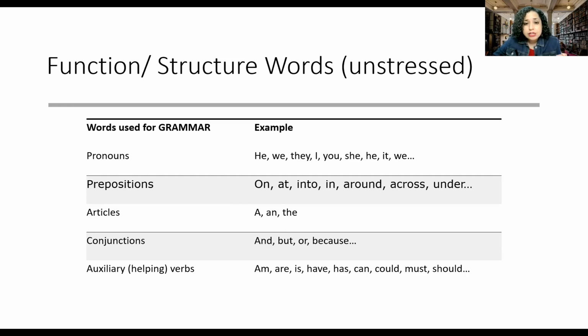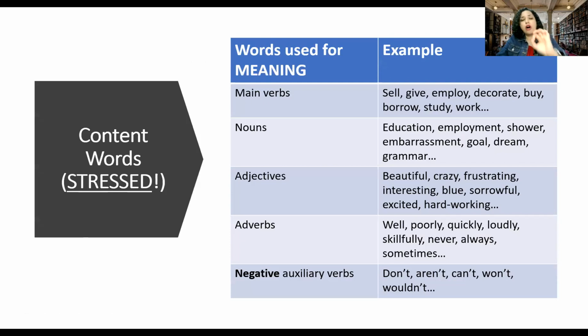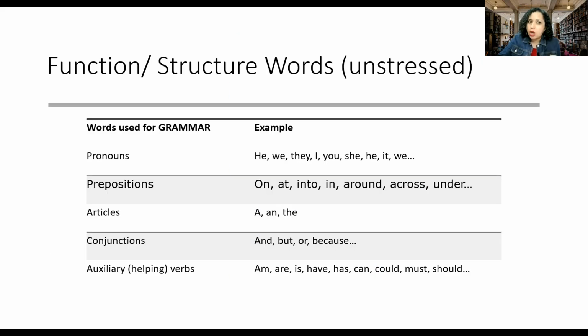All right? So let's just remember, we do stress the content words, like main verbs, nouns, adjectives, adverbs, and negative auxiliary verbs. We don't put the stress on pronouns, prepositions, articles, conjunctions, and auxiliary verbs.